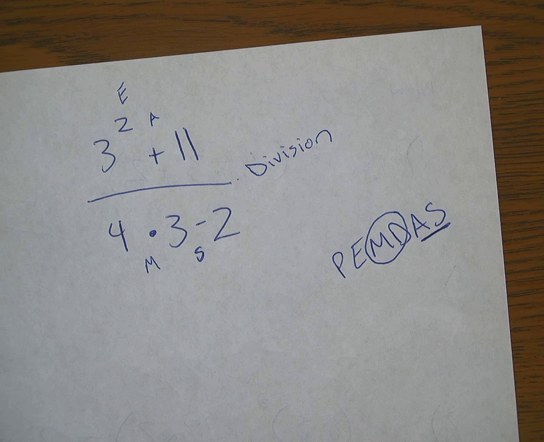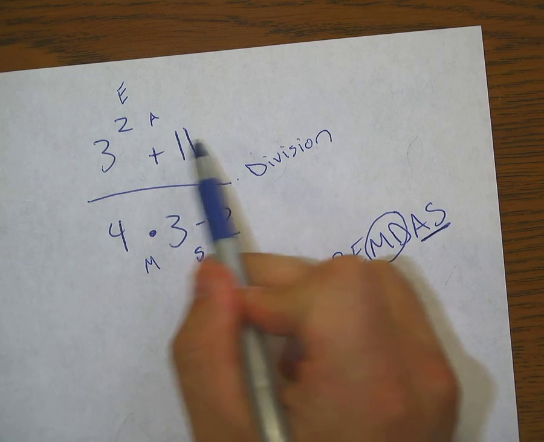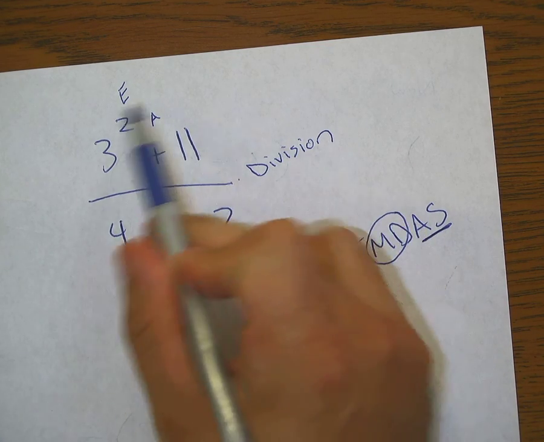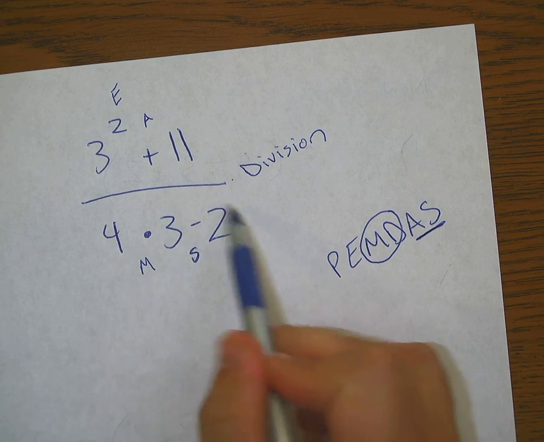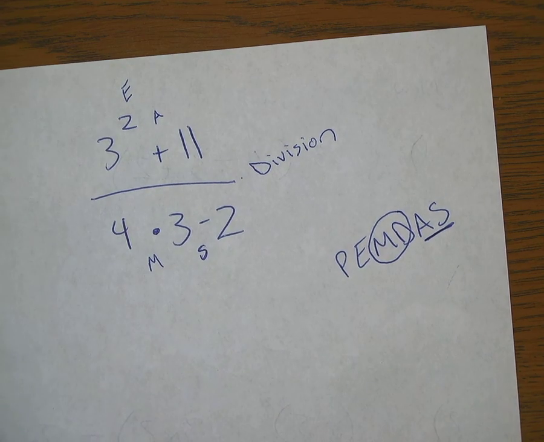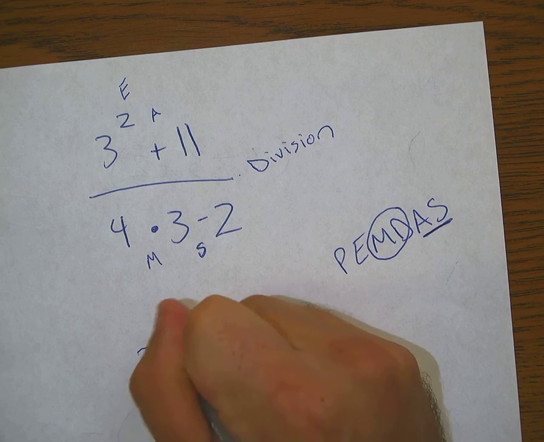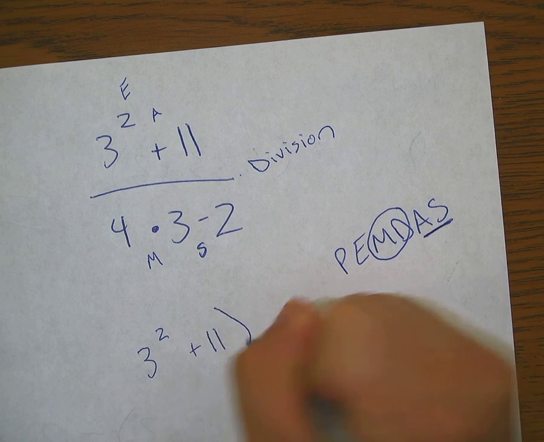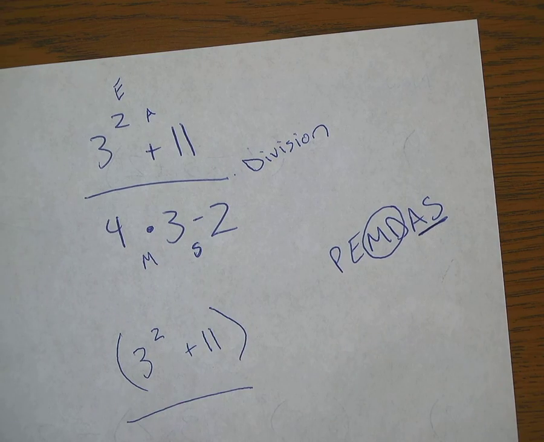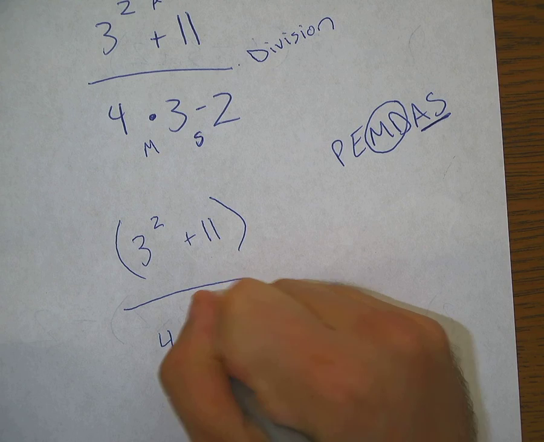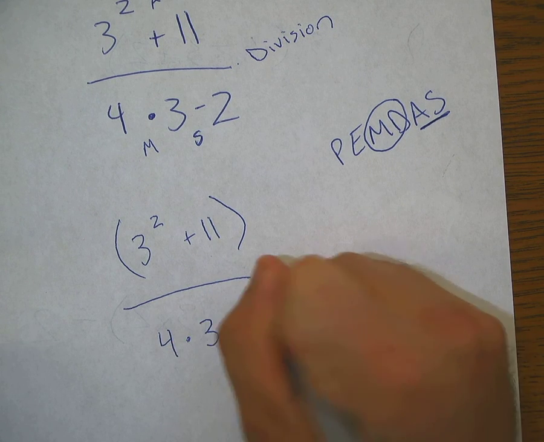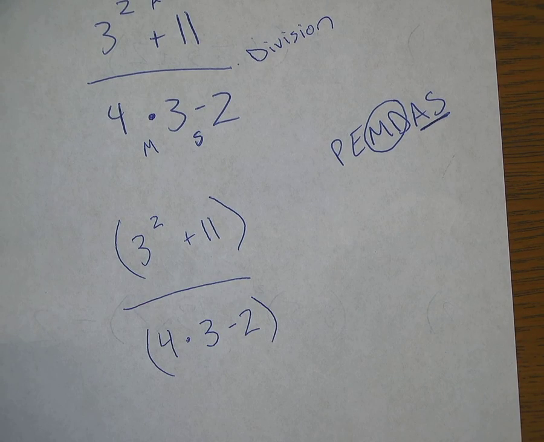So you're probably saying, okay, this isn't too bad so far. Here's what's weird. Whenever you have a numerator, these are grouped together. Whenever you have a denominator, these are grouped together. So technically, we treat this problem like there's a parentheses around the top and like there is a parentheses around the bottom.